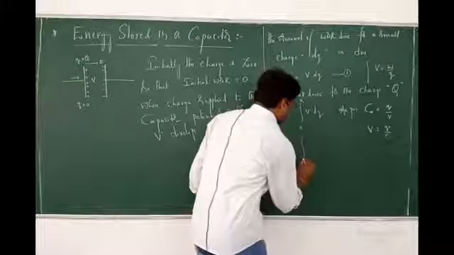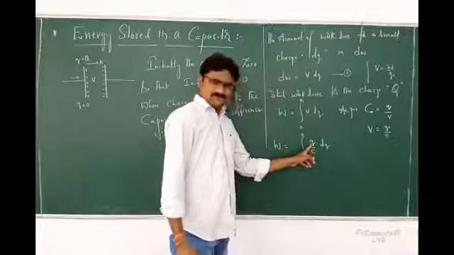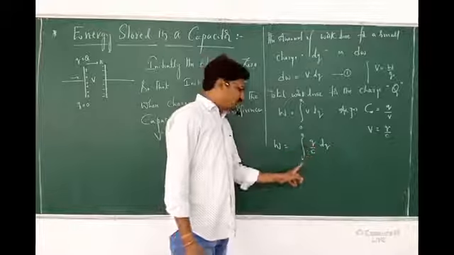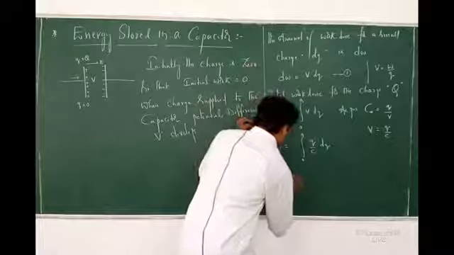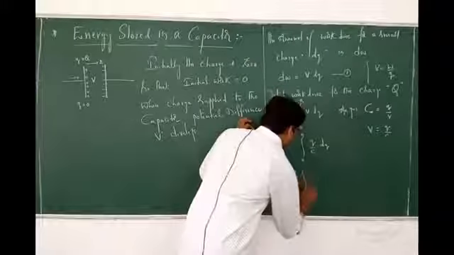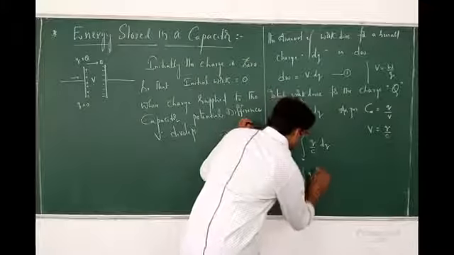Now what is constant here, charge or capacitance? Capacitance is constant. Charge is variable, from 0 to capital Q. Just apply the method. W is equal to 1 by C into the integral of Q dq.